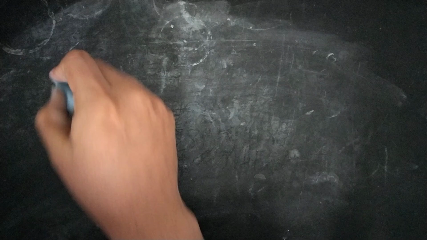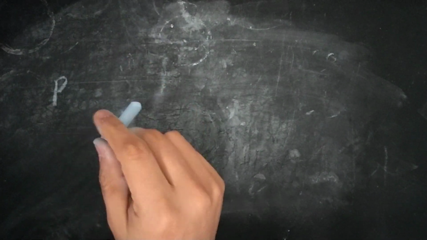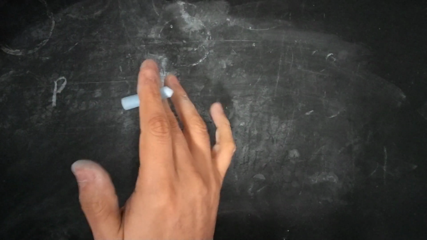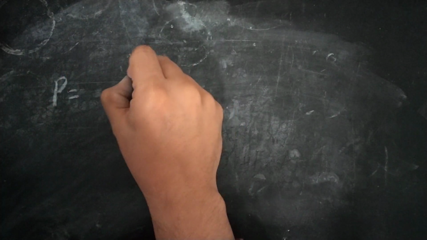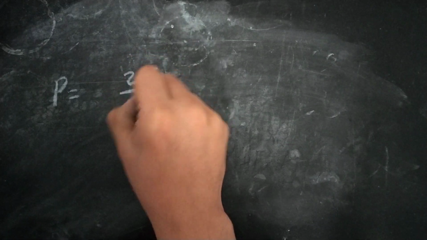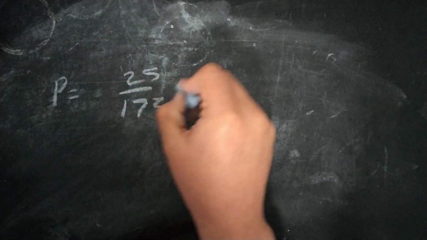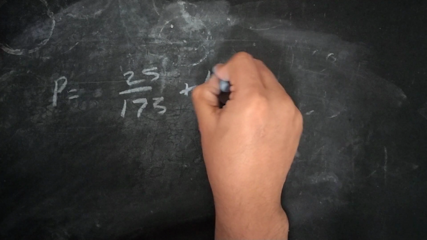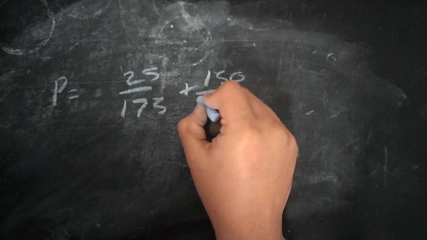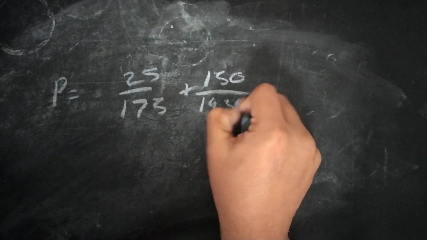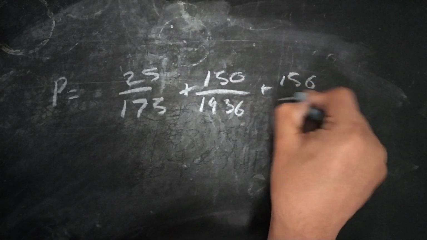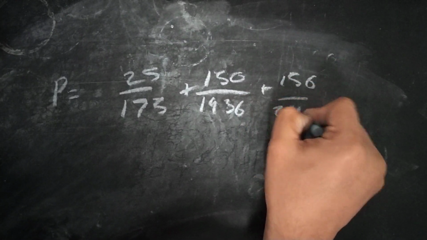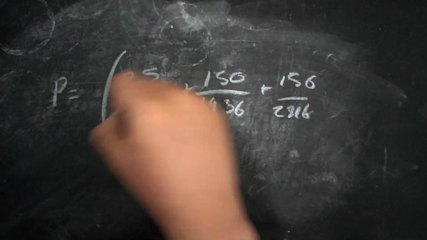Now, the probability of getting at least one 6 and 8 before getting a 7 twice for the sum is just this: 25 over 176, which was A, plus 150 over 1936 plus 150 over 2816, since these aren't independent.